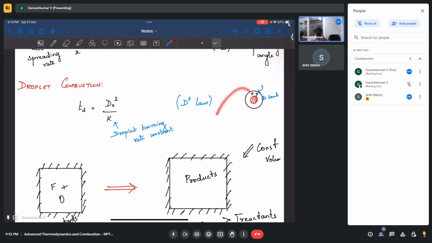Then only it will combust, and you will get enough energy out of it within that stroke. So that is why we use the d square law. And then we have the droplet burning rate constant, which has an equation that depends on temperature and other quantities.